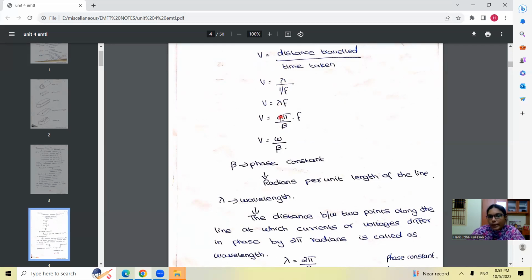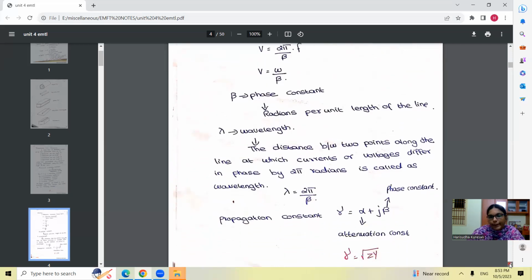This 2 pi comes because the definition of wavelength is the distance between two points along the line at which the current or voltage differ in phase by 2 pi radians. Therefore, 2 pi f is omega, the angular frequency, and the velocity can be written as omega by beta, where beta is the phase constant, which is the radians per unit length of the line.